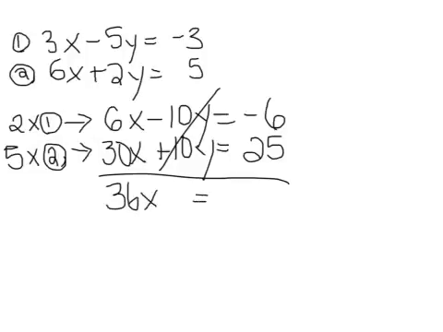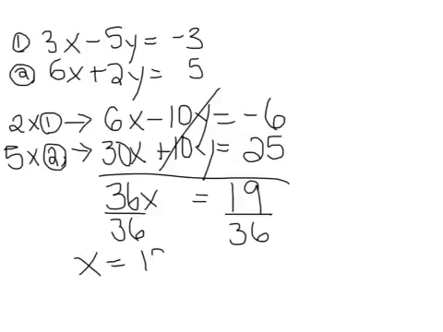36x equals 19. And so then dividing both sides by 36, you get x equals 19 over 36, which is fully reduced. Note that in all of the process, I really wasn't working with fractions, even though my final answer was a fraction.